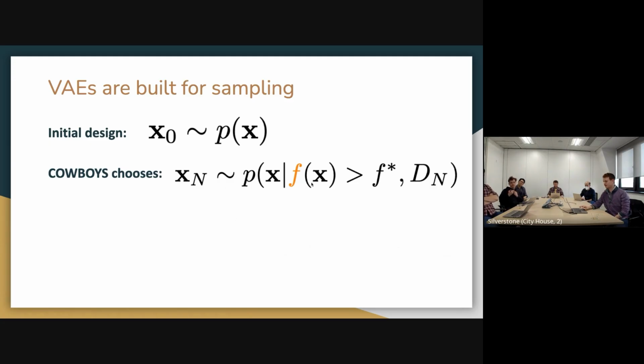So the big idea here is to condition our VAE on extra information, that if we were to push that molecule through our Gaussian process model, we want that to be bigger than a current threshold. This is very similar to probability of improvement, essentially.